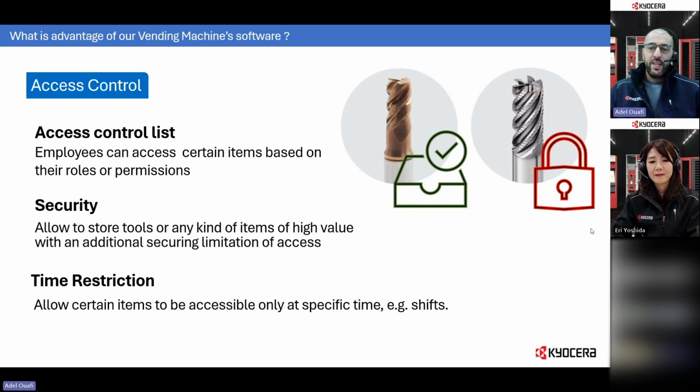With access control lists, we manage what an employee can use or spend within a specified budget or type of items. For example, if you decide that operators assigned to the milling department cannot dispense tools from the turning, that's a possibility.